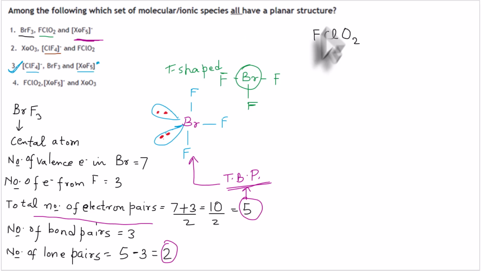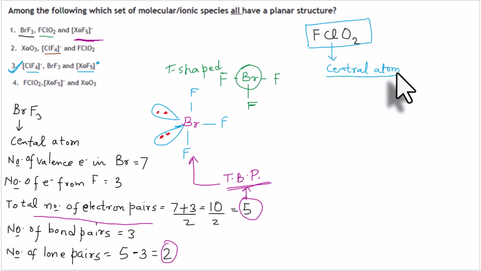Now we have the next molecule, FClO2, where chlorine is the central atom. Because according to VSEPR, the atom which has lesser electronegativity is considered to be the central atom, and here chlorine is less electronegative than fluorine. So chlorine will be the central atom in FClO2.